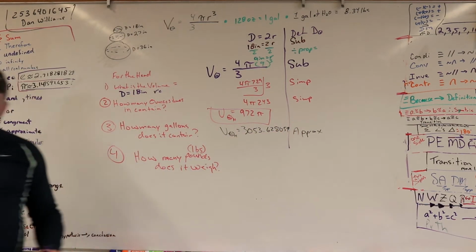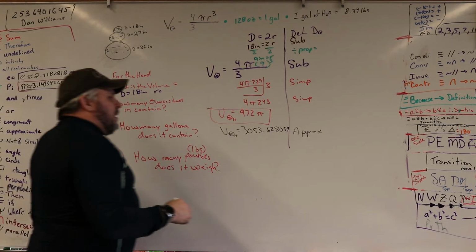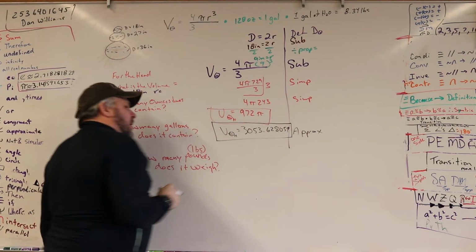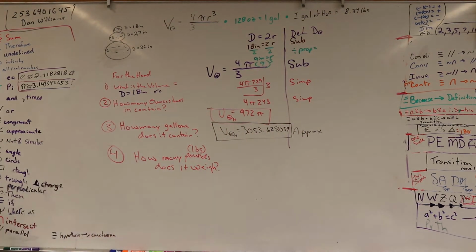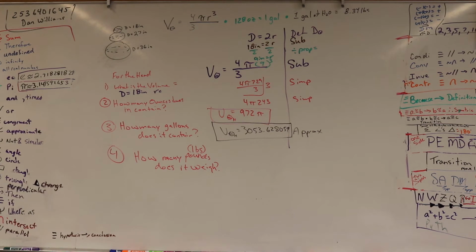It's really important to use every number that's on there to get our best approximate value. Then we want to think, okay, what about ounces? How can I figure out how many ounces there are?